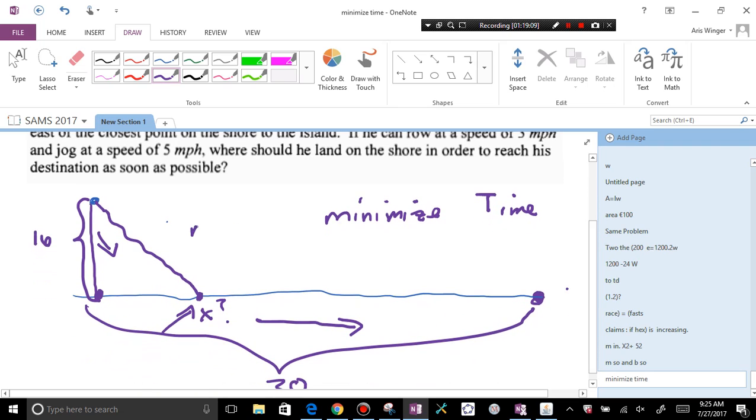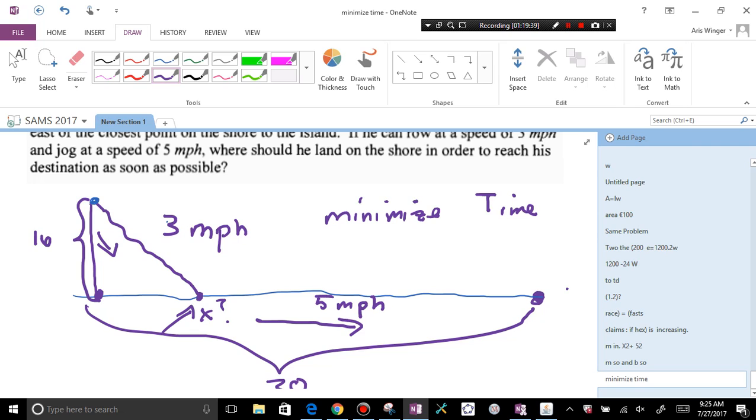So in this area, you can swim at 3 miles per hour, and when you're on the shore finally, you can run at 5 miles per hour. We'll at least formulate this function before we take any derivatives, and we can start there, taking derivatives of this tomorrow. We're trying to minimize time.